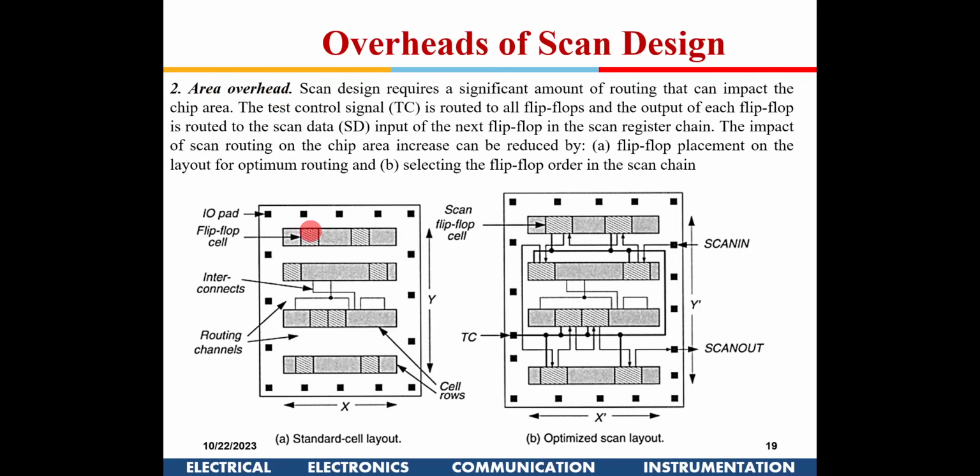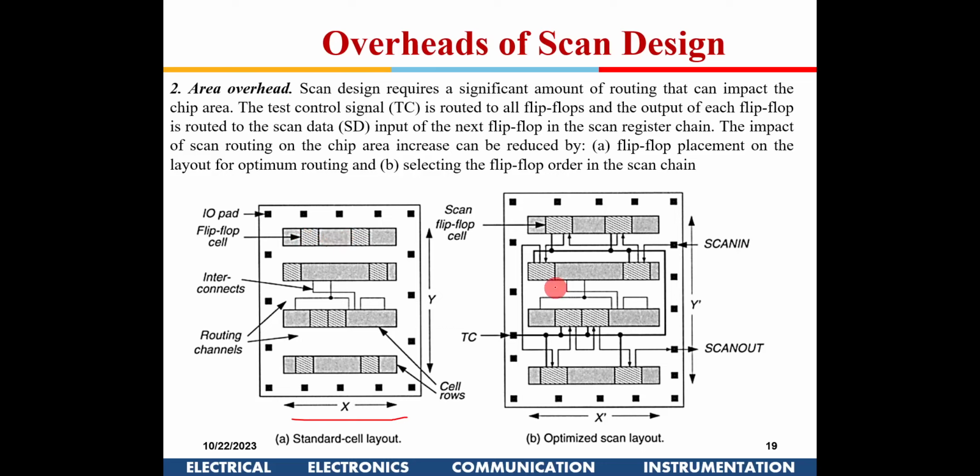Normally you have a chip. This is X and this is Y, the chip area, and these are the IO pads. The ones marked with cross lines are the flip-flops, and these shaded ones are the combinational logic.